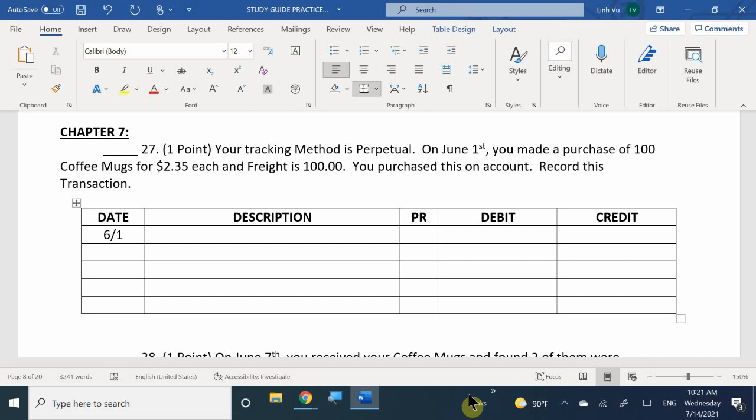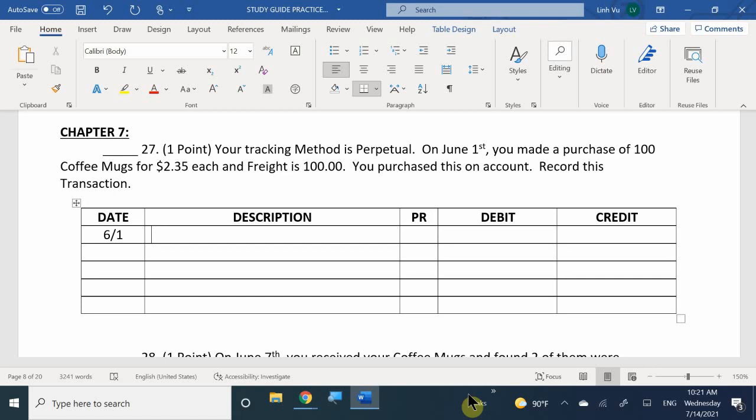So it's a purchase. It says we're using perpetual inventory. Is it inventory and accounts payable? Inventory, but in this case, what was my specific item that I bought?